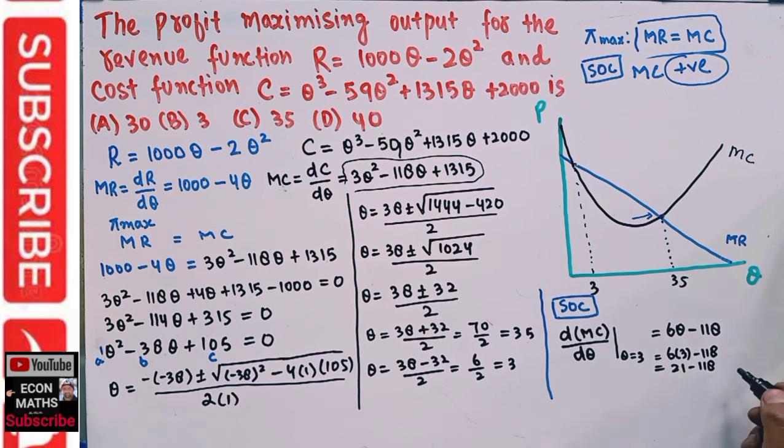6 threes are 18, minus 118. It will come out to be negative. Okay, it is a negative number.